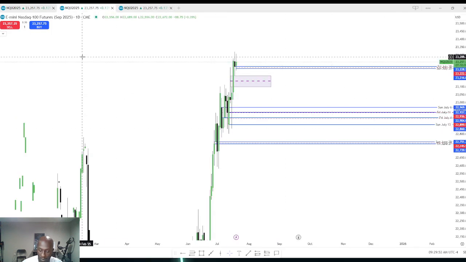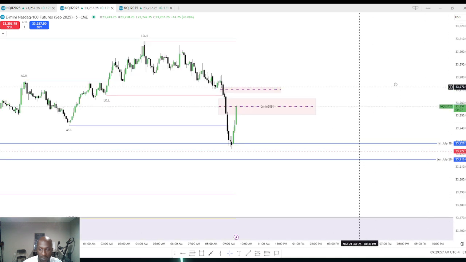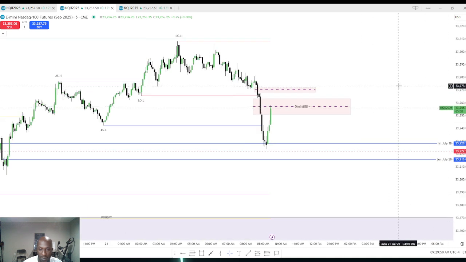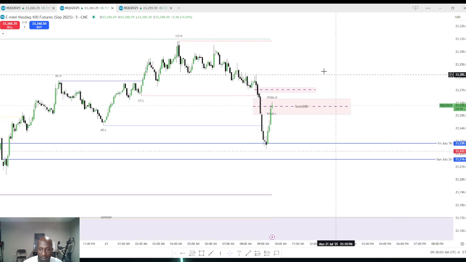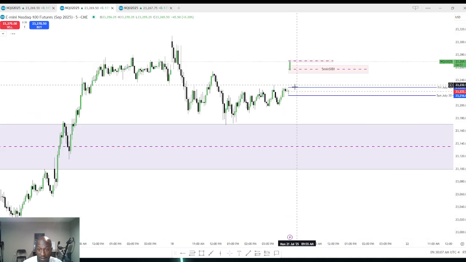This shows all the new week opening gaps, which means we could trade off of that too. We got 9:30. See where our opening range gap is.